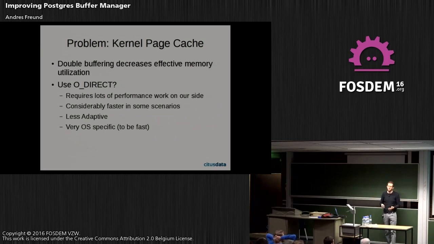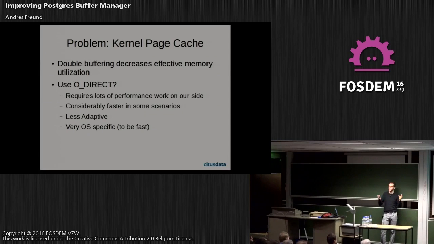So pretty much the only realistic way to address this is to completely avoid the kernel's page cache and use so-called O_DIRECT mode, which basically asks the kernel to ask the hardware directly, without going through the page cache, to fetch the data. There are a lot of problems around this.